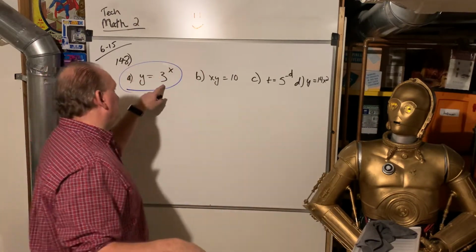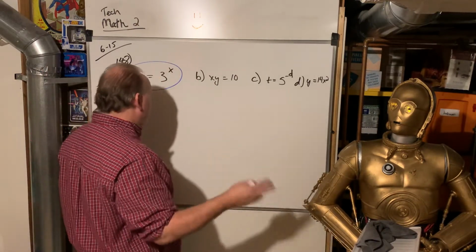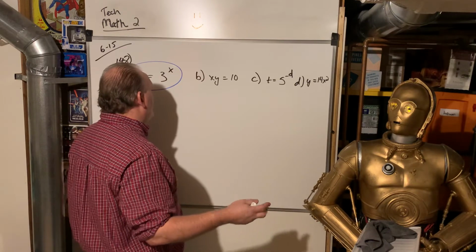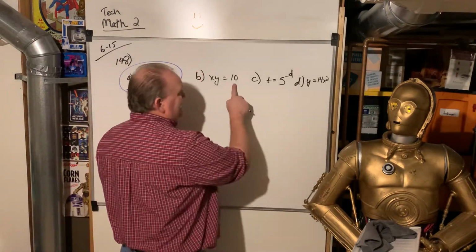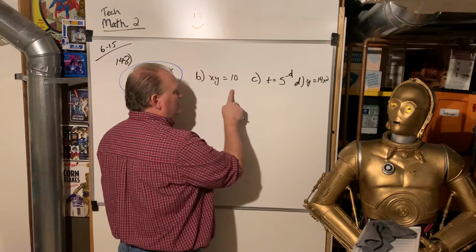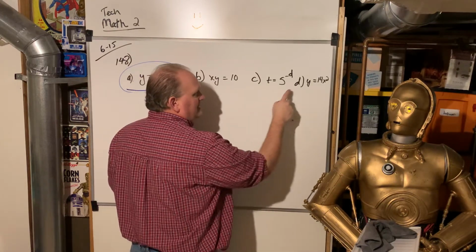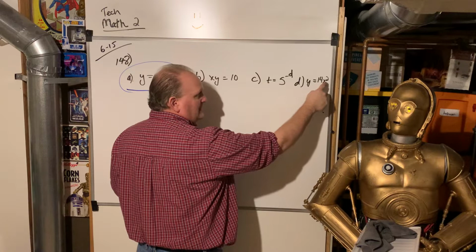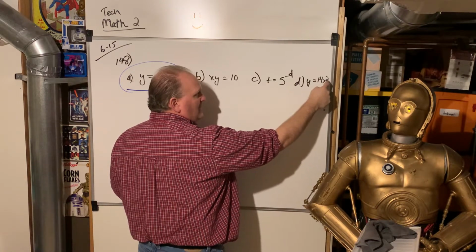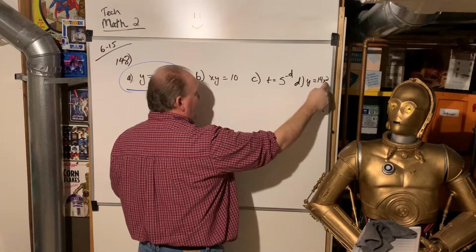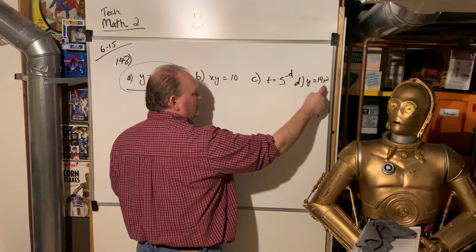If this were between 0 and 1, like a fraction, then it would be exponential decay. That is not. That's just y equals 10 over x. This one is x squared, but see, the variable is the base, and the power is just a number. So that is not exponential growth.